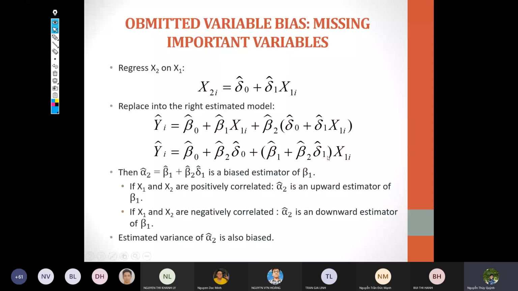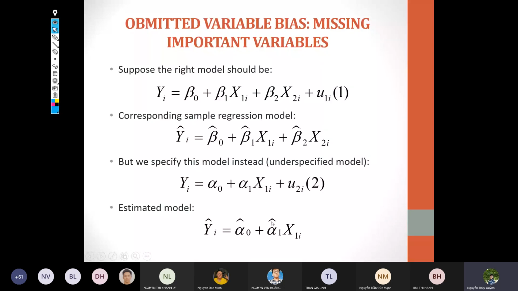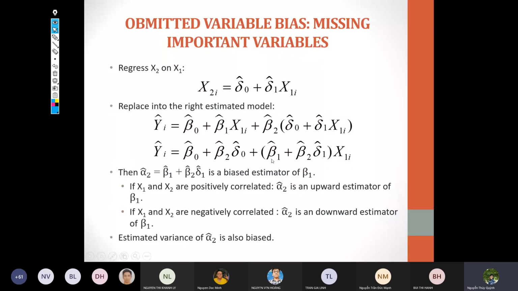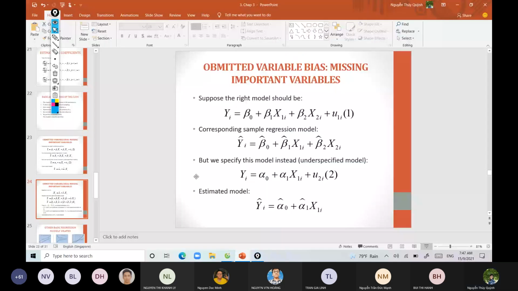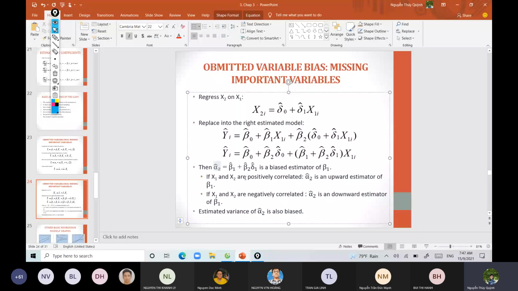Beta 0 hat plus beta 2 hat times sigma 0 hat is equal to our alpha 0 hat, and alpha 1 hat is equal to beta 1 hat plus beta 2 hat times sigma 1 hat.